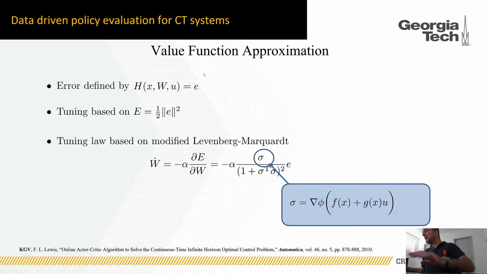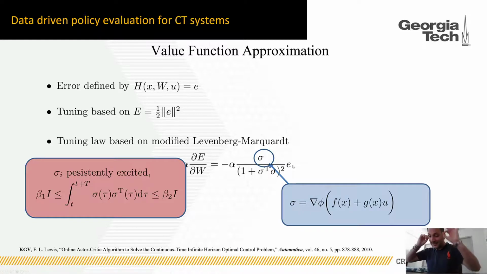Okay, and of course here this sigma has to be persistently exciting. Excitation in learning optimal control solutions by using reinforcement learning is about the problem you have in classical reinforcement learning of exploration versus exploitation. In other words, I want my sigma to be a rich enough signal.